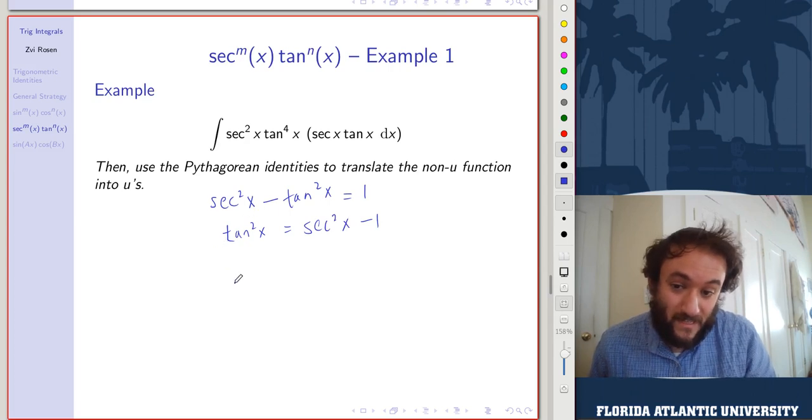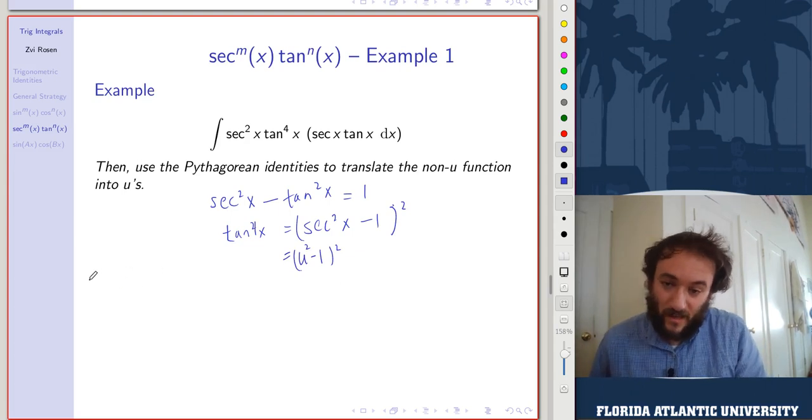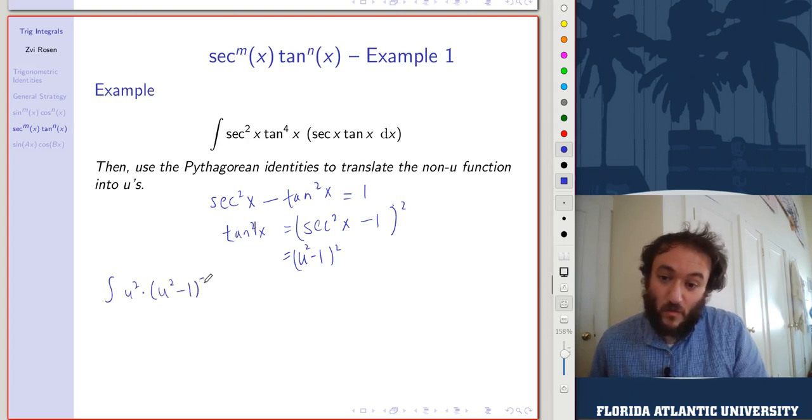And if we want tan to the fourth, then we'll just square this side. Okay, and because secant is our u, this becomes u squared minus 1 squared. Plugging that in, we have the integral of u squared times u squared minus 1 squared du.